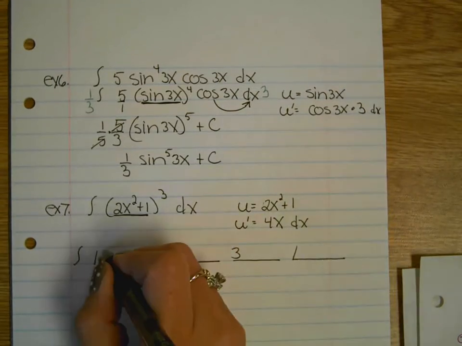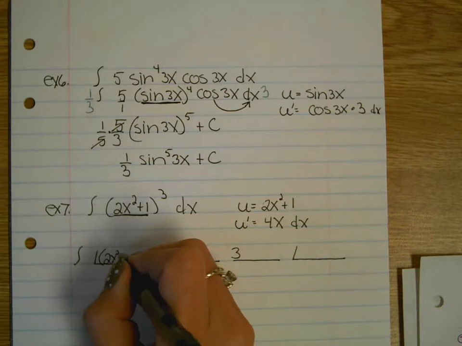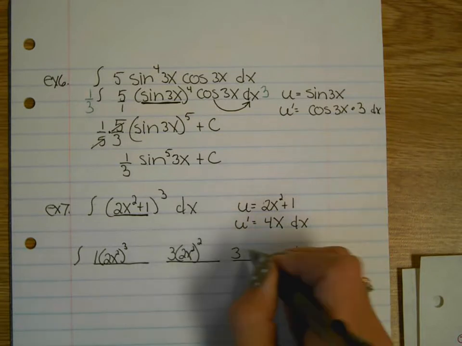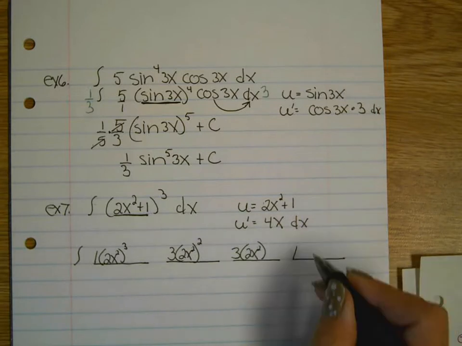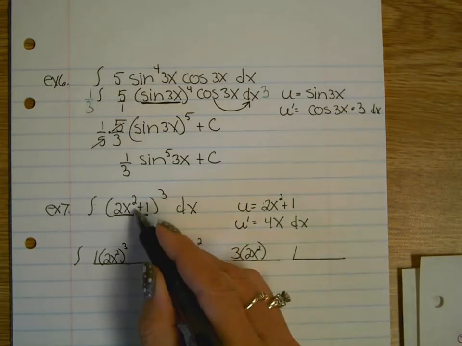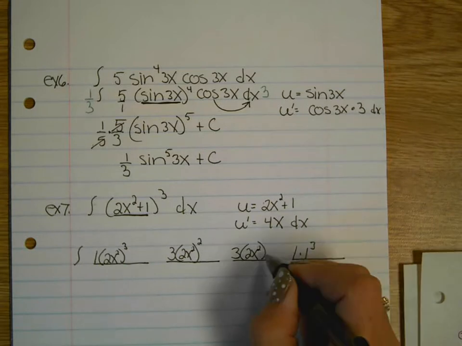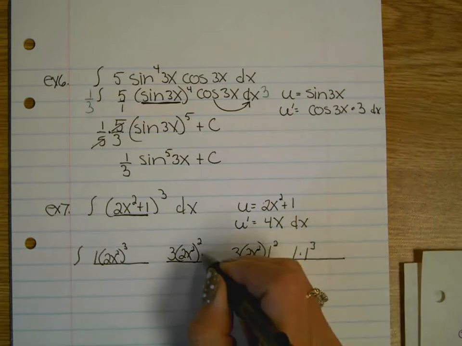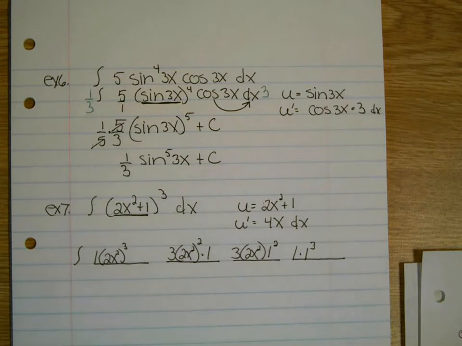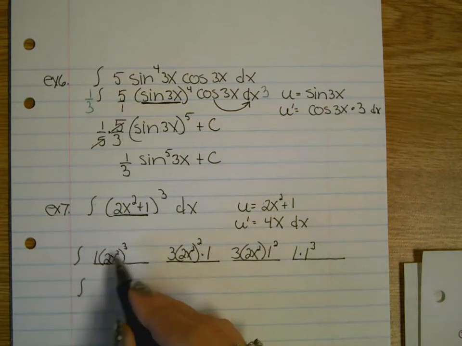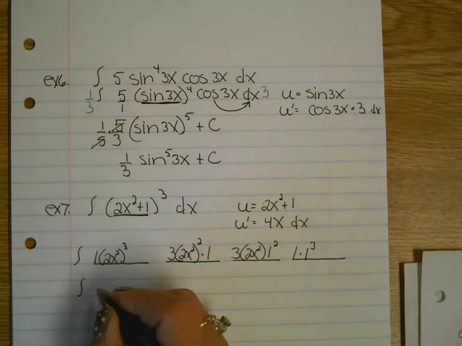And then you take 2x squared, and you've got to cube that. 2x squared, and you square that. 2x squared to the 1st, and then to the 0. And then we take the positive 1. Well, 1 cubed times 1 squared times 1 to the 1st, not that those are needed. So, if I simplify here, I'm going to have 2 cubed is 8.